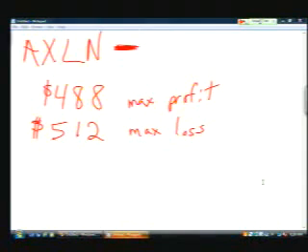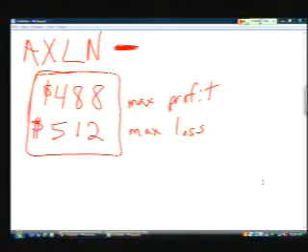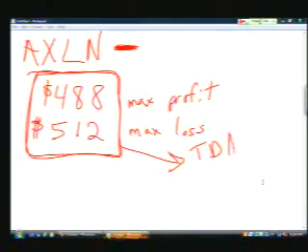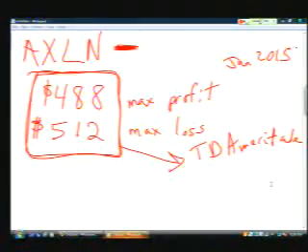Now, one of the things that we do when we put on this trade is we first of all calculate this percent of max profit to max loss, because this is how much TD Ameritrade is going to hold in my account. So TD Ameritrade is going to hold $512. All right? They're going to hold that amount. So I want to know if I hold this all the way to January 2015, that's when this trade would expire on its own.